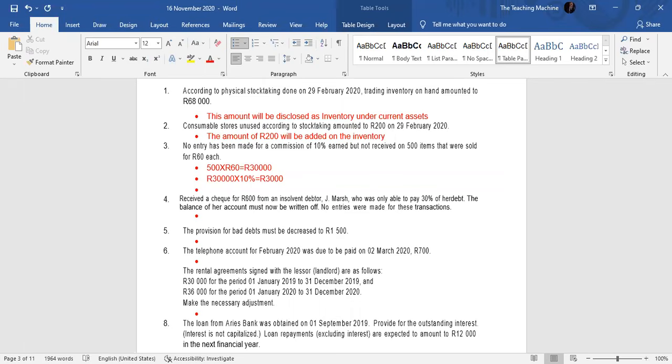So this accrued income will be disclosed under current assets, on the trade and other receivables. Okay. Accrued income under trade and other receivables.